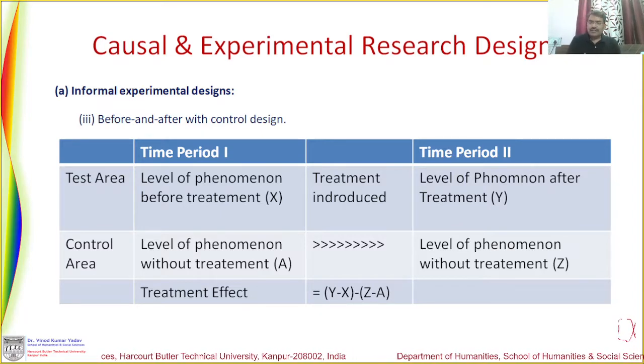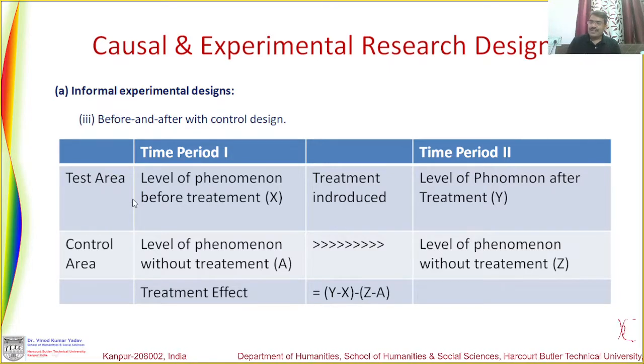So here what you look at is that you have not proved same time period 1 and 2 areas are there, test area and control area.